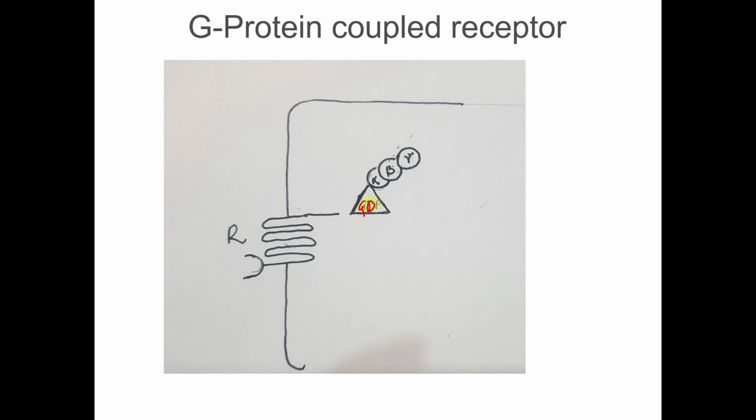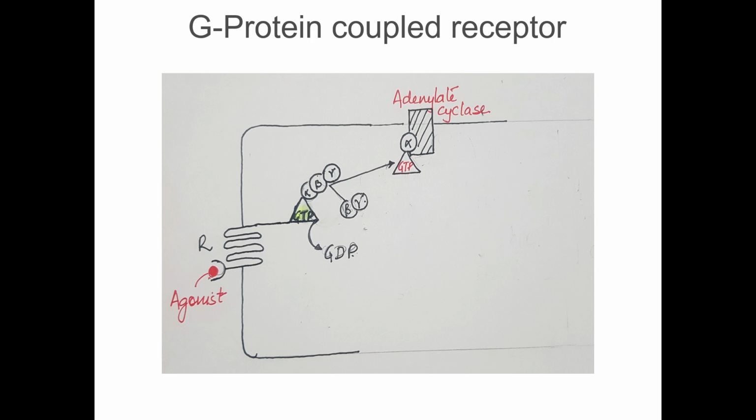Here in the resting phase, the alpha subunit of the trimer alpha beta gamma is bound with GDP, so it is inactive. Now what happens once the agonist or drug binds with the receptor on the outside, it is going to displace this GDP with GTP.